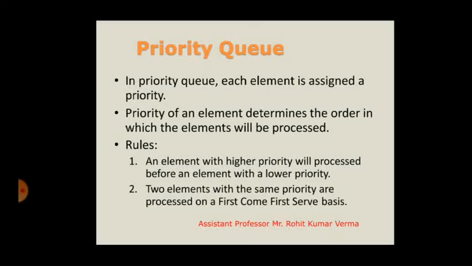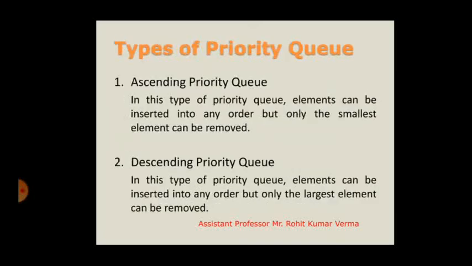Then dear students, we have two types of priority queue. Our first type is ascending priority queue and our second type is descending priority queue. So what is an ascending priority queue? In case of ascending priority queue, the elements can be inserted in any order, but only the smallest element can be removed.